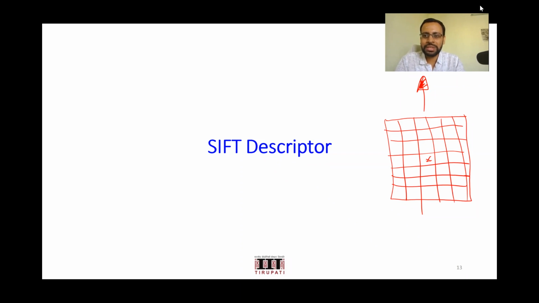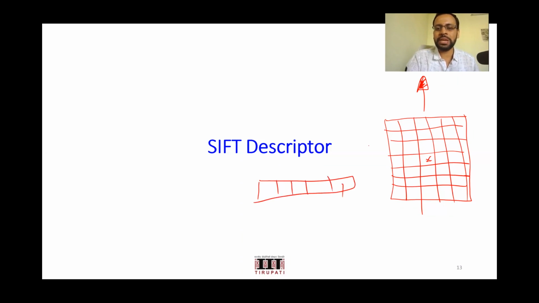In other words, my descriptor is simply this 2D array. Maybe I would create a 1D array from that by concatenating all rows. Say, for example, I am considering a 16 by 16 patch, so I have a vector of size 256.